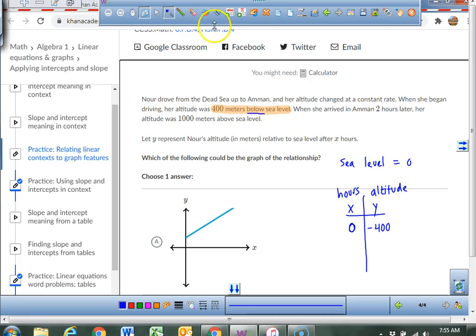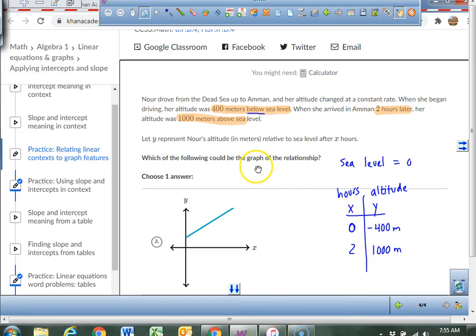Now, when she arrived 2 hours later, her altitude was 1,000 meters above. So 2 hours later, she was where? She was 1,000 meters above. Before, she was 400 meters below. Now she's 1,000 meters above.